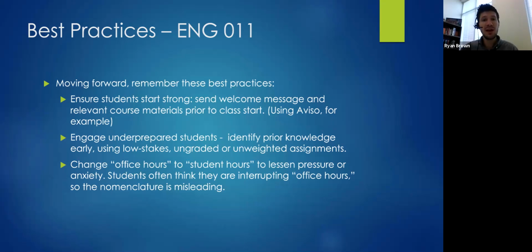First of all, before the class even starts, you want to begin strong. Send students a welcome message through email or Moodle, or if you have an early intervention software, such as we have at South Piedmont, which is Aviso, for example, to let them know when the class is starting, relevant course materials, just to get them prepped and ready for what's to come.